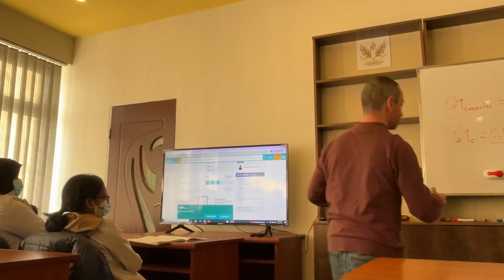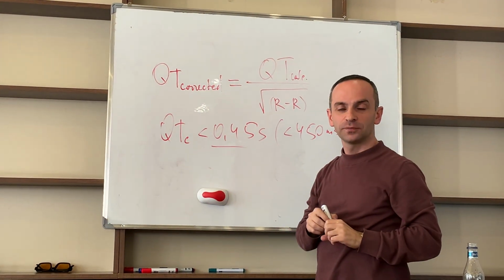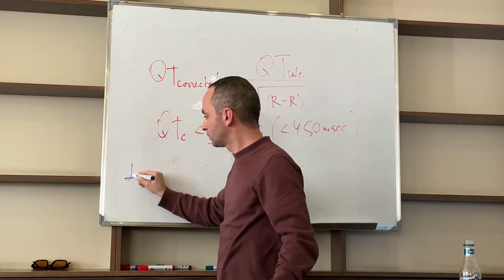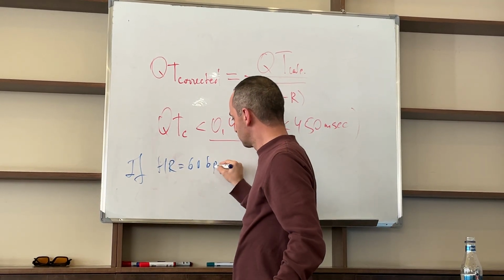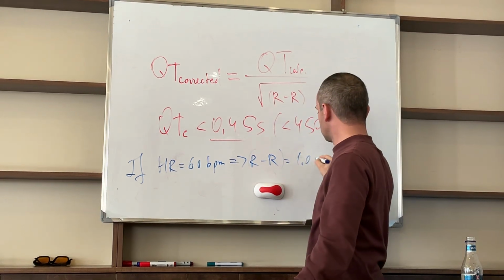So all these formulas, especially Bazett's formula, calculate what the patient's QT would be if the heart rate were 60 beats per minute. If heart rate is equal to 60 beats per minute, it means that the RR interval is 1 second.